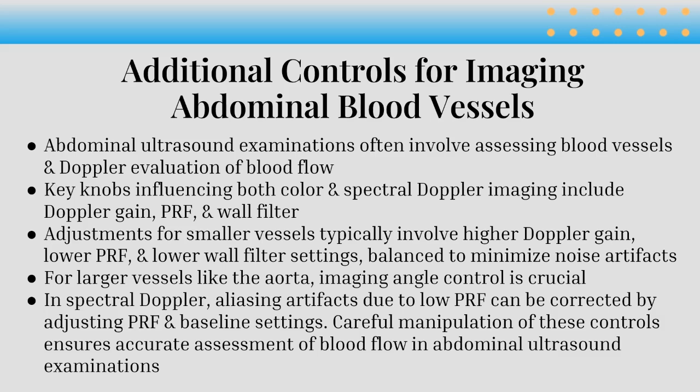For larger vessels like the aorta, imaging angle control is crucial. In spectral Doppler, aliasing artifacts due to low PRF can be corrected by adjusting PRF in baseline settings. Careful manipulation of these controls ensures accurate assessment of blood flow in abdominal ultrasound examinations.